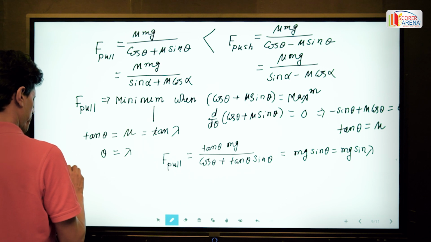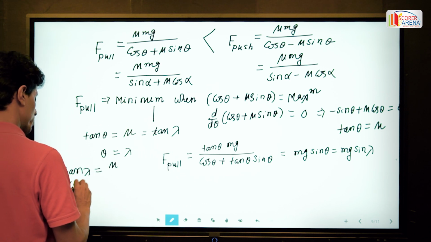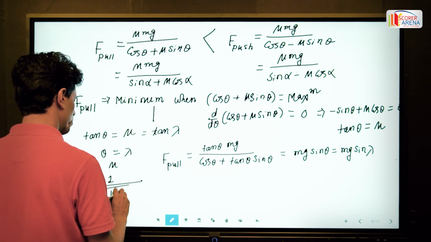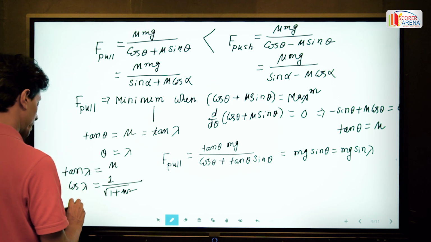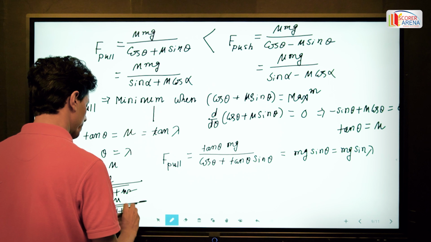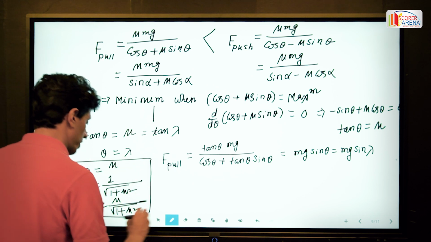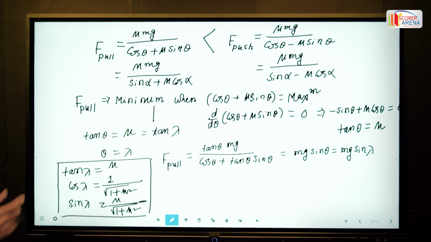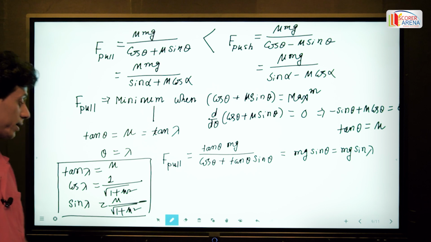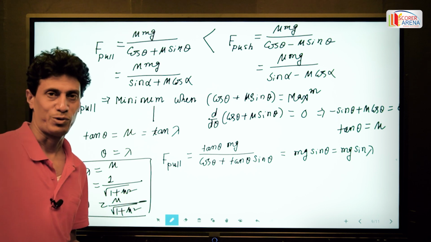Since tan lambda is equal to mu, cos lambda is equal to 1 by root over 1 plus mu square, and sin lambda is equal to mu by root over 1 plus mu square. You keep this formula all the time. If tan lambda is equal to mu, then cos lambda is 1 by root over 1 plus mu square, and sin lambda is mu by root over 1 plus mu square.